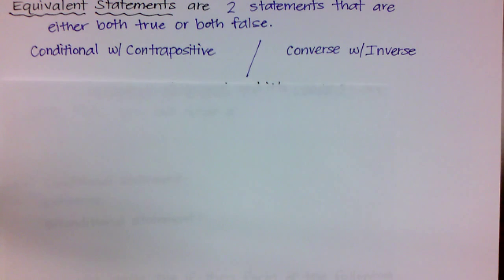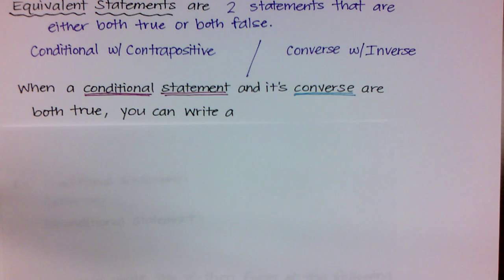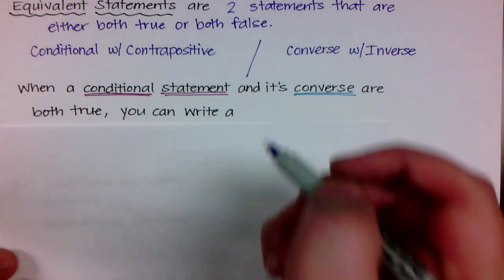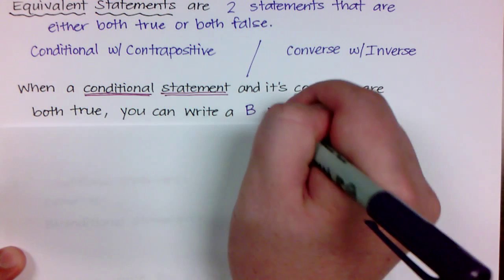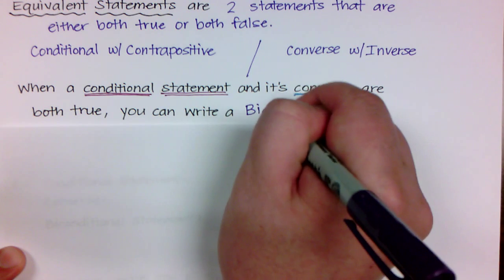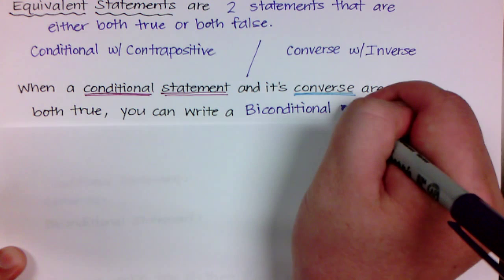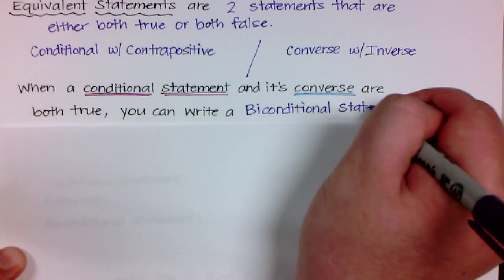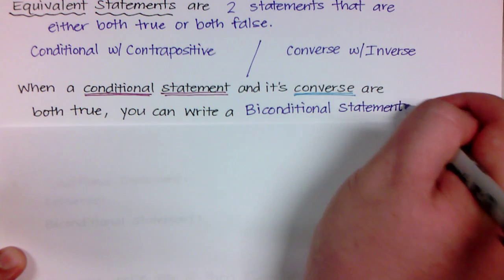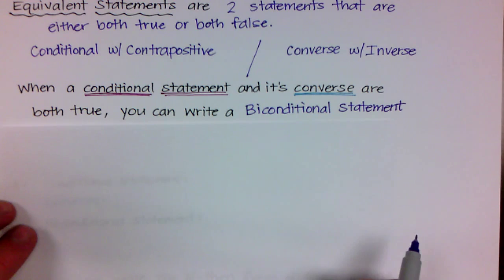Okay? So when a conditional statement and its converse are both true, you can write this new word. It's called a biconditional statement. Okay, lots of definitions today.